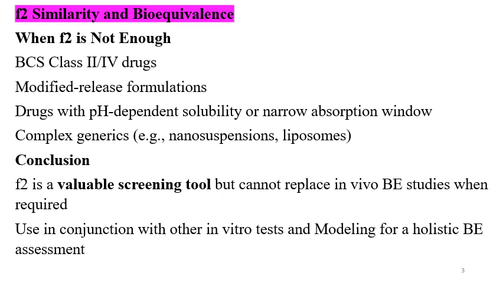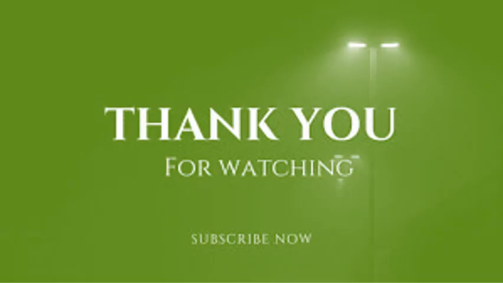The applicant can get biowaivers also, but still we need to do the bioequivalence studies. The F2 value can be a very good tool to select the batches which have a dissolution profile similar to the reference profile or reference formulation.